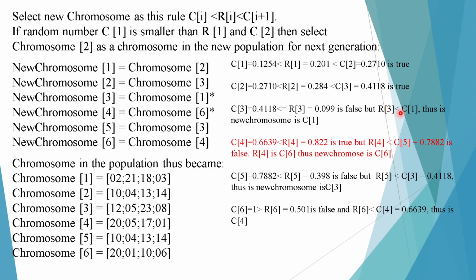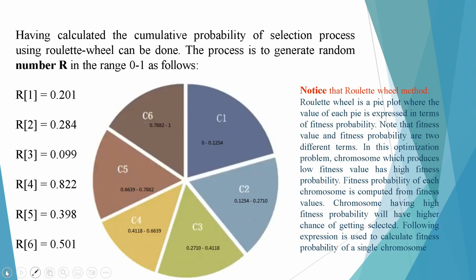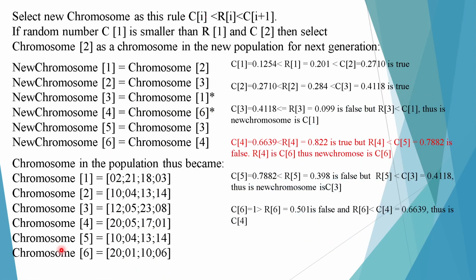But R3 is less than C1. R3, 0.099, is less than C1. Hence, the new chromosome 3 will be equal to chromosome 1. Okay, let's look at the new chromosome 4.